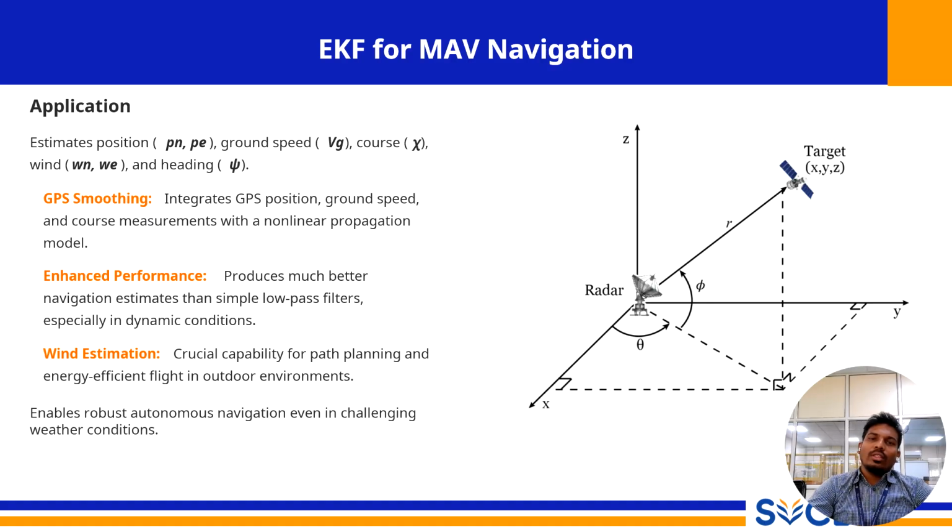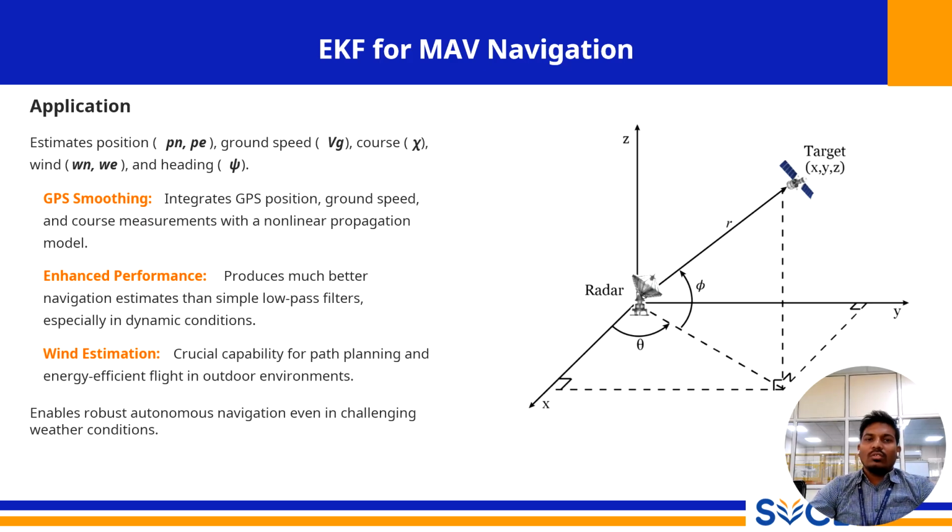This comprehensive estimate is achieved through a process that can be thought of as advanced GPS smoothing. The filter integrates GPS position, ground speed, and control measurements with a nonlinear propagation model. In the update step, the EKF uses the measurement from the GPS receiver.